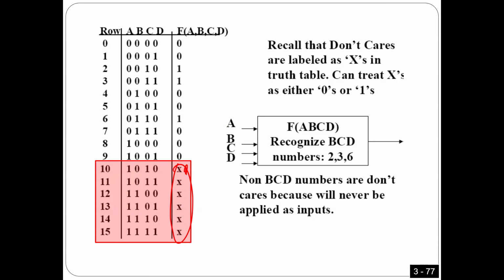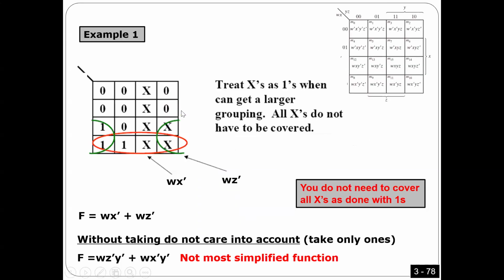You understand? So now in the K-maps, you should have zeros and ones, and also X or D. X or D means we don't care. So what you have to do here is cover all the 1s.